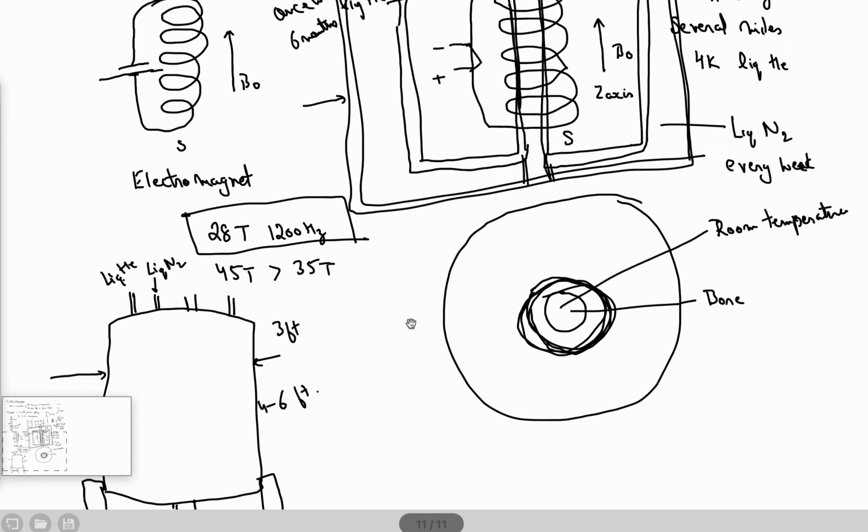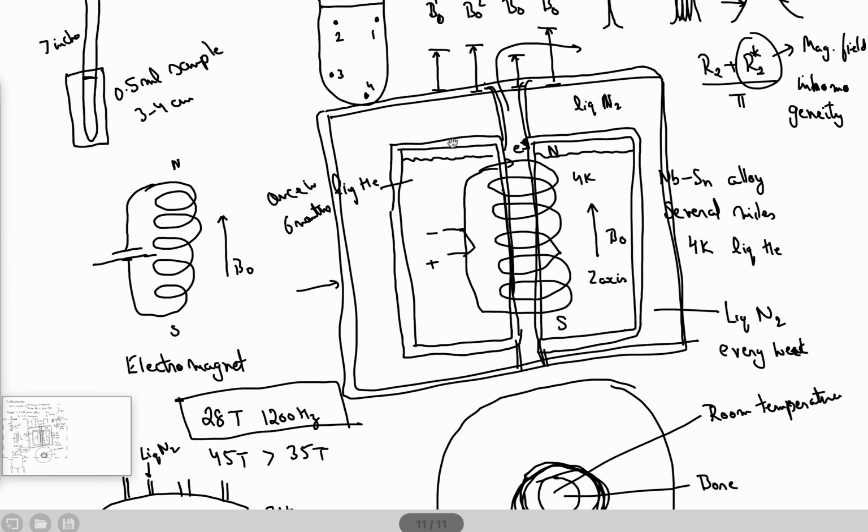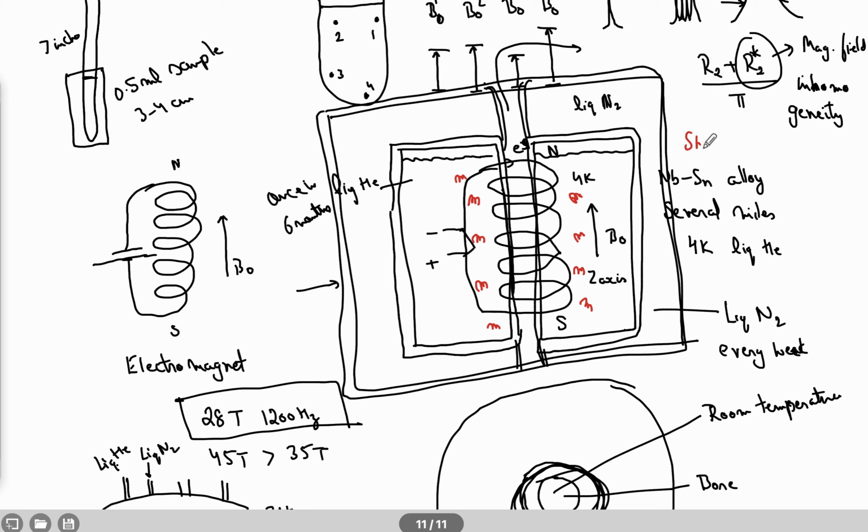All right. Okay. So now, in addition to these coils, there are certain coils around this which are also charged during the installation process. These are called shim coils. You cannot change the architecture of the coil which has been provided to you by the manufacturer.